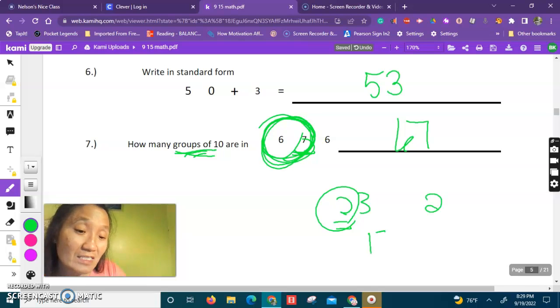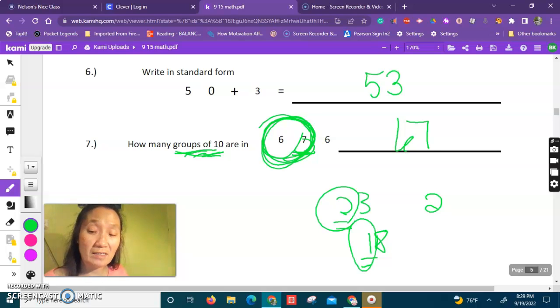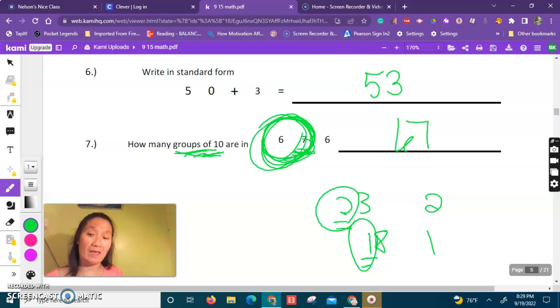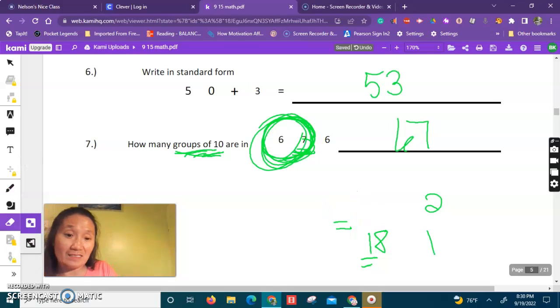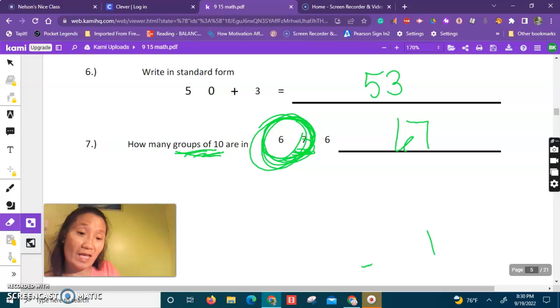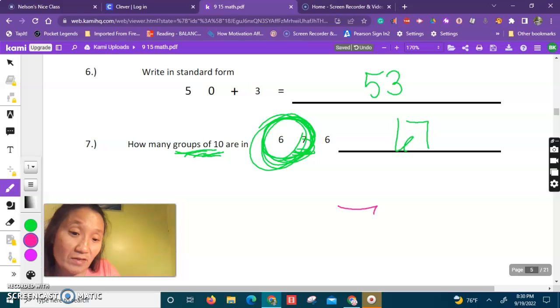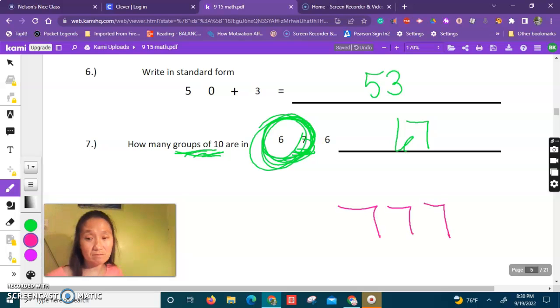If I have 18, I go to the tens place, because how many groups of 10 are there? I circle the 1 and everything behind it, and there's only 1 group of 10. So make sure you're looking at how many groups of 10. Look at the tens place and circle everything behind it. For example, if I had the number 777, how many groups of 10 are in it?